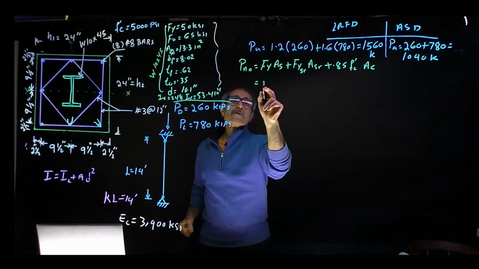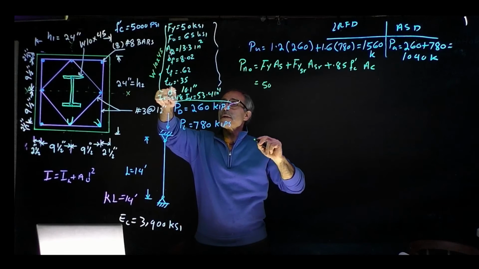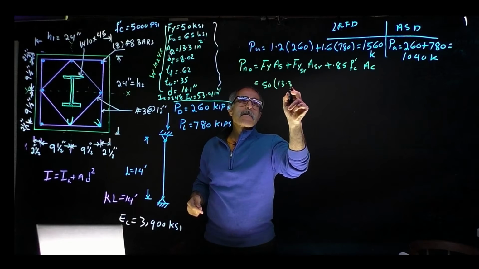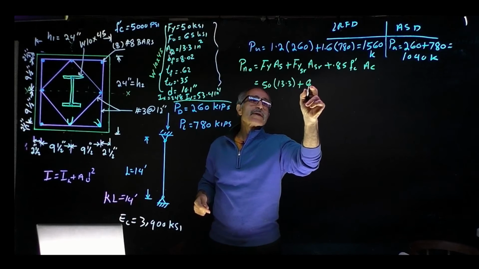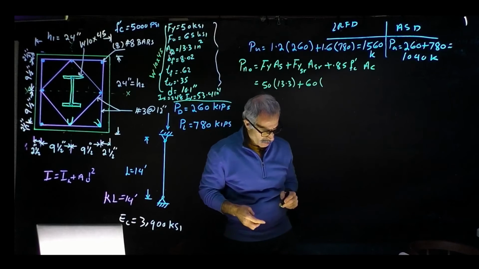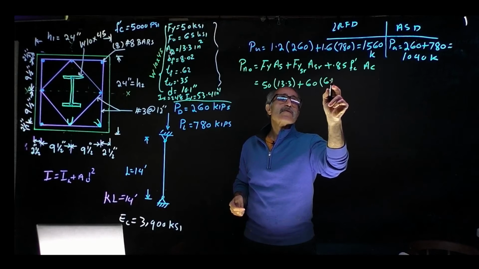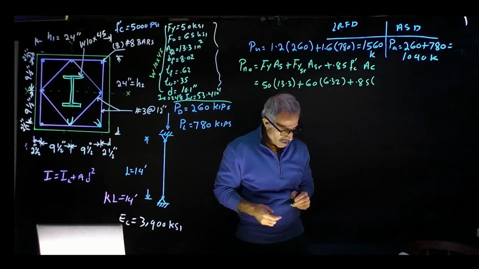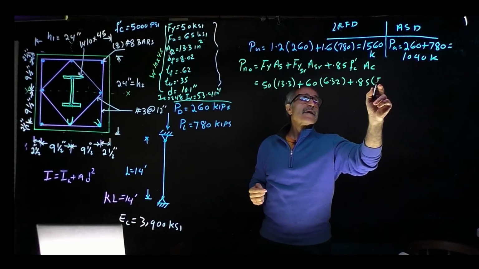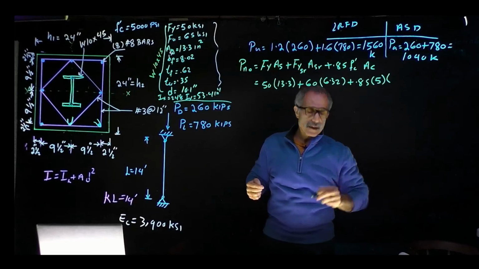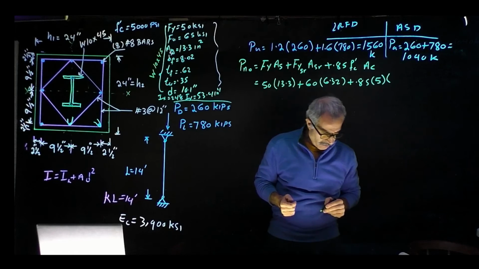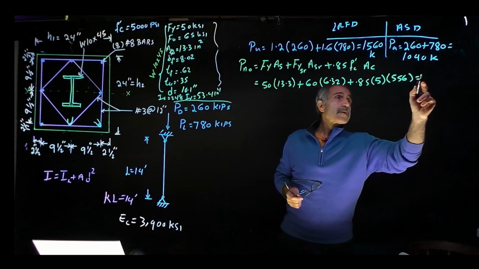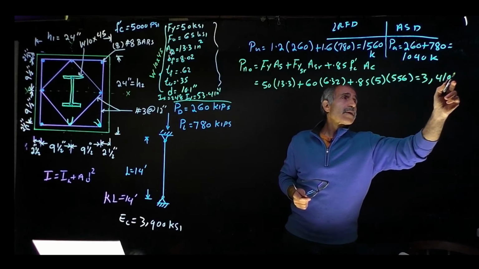So that comes out to 50 ksi times the area, which came out to be 13.3, plus 60 times the area, which was 6.32, plus 0.85 times 5,000 psi, so that's 5 ksi, multiplied by the area of the concrete, which came out to be 556. And that is equal to 3,410 kips.